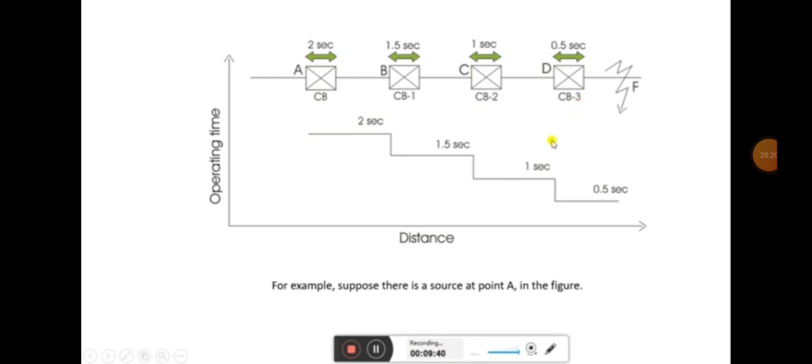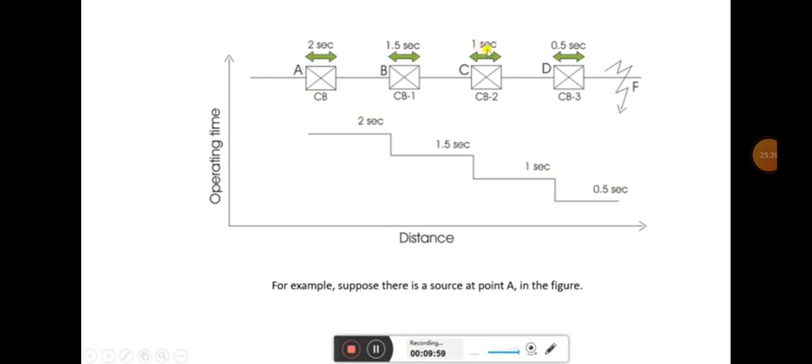So what we see here is that for circuit breaker CB3, the time setting is 0.5 seconds, and for circuit breaker CB2, the time setting is 1 second.